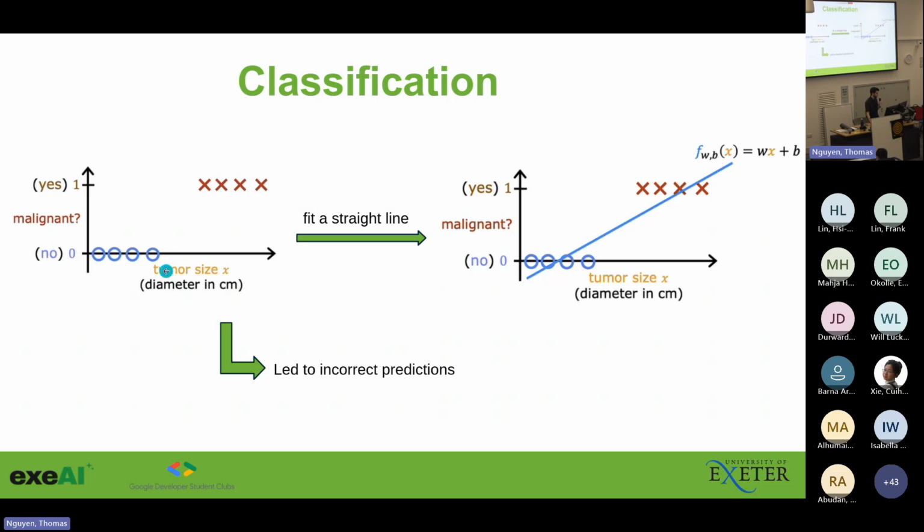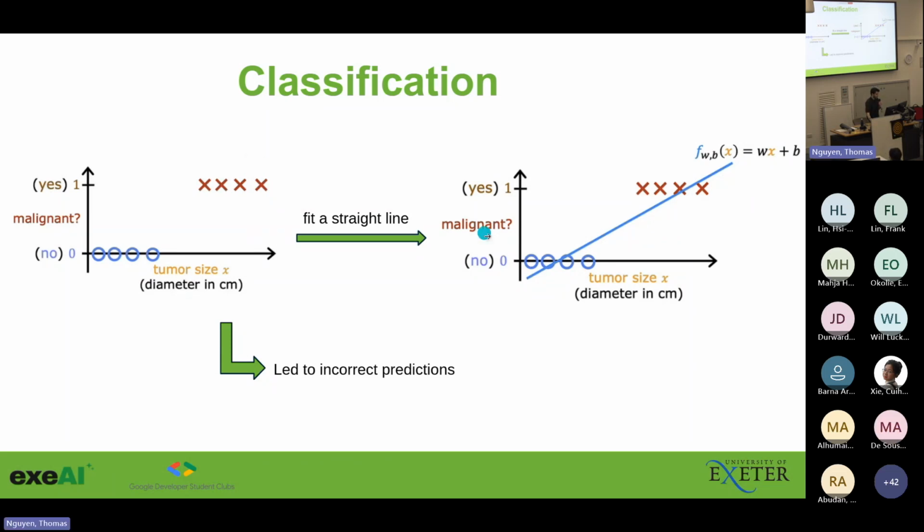So we have tumor size and whether or not it's malignant. So yes, it's malignant will be represented by 1, and no is 0. So they've taken in data from a spreadsheet, and it will have the feature of diameter and another feature which will be the output we're measuring, being malignant.